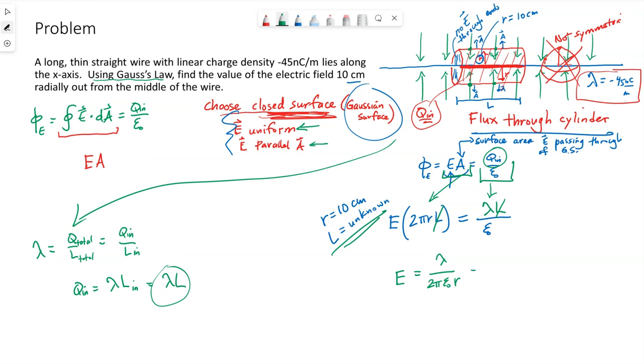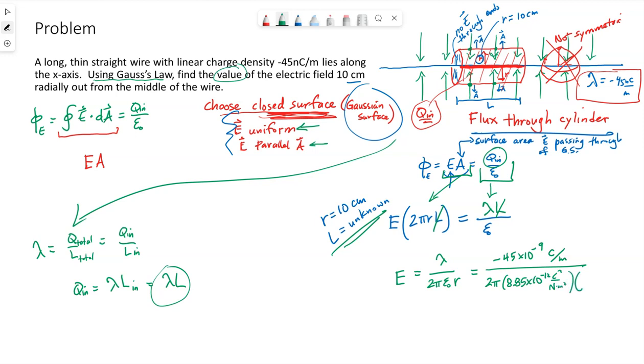So the electric field value, the magnitude, I assume is what we're implying here. Technically, lambda is negative. They gave us a negative value, which is why I drew my electric field lines pointing towards it. Epsilon naught, we know, is our 8.85 times 10 to the negative 12.